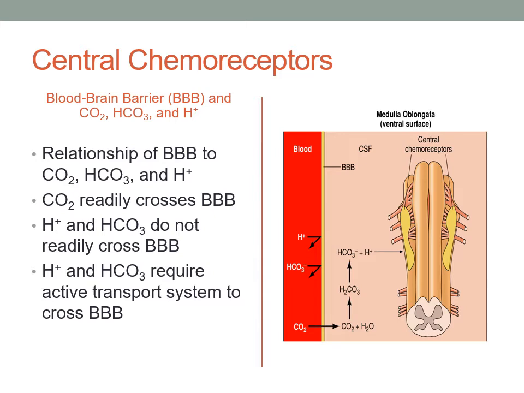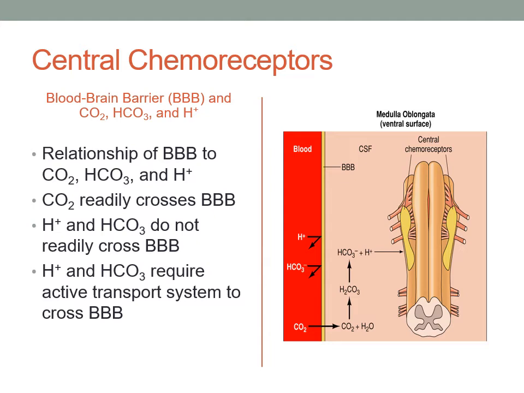It's believed that the central chemoreceptors transmit signals to the respiratory components of the medulla by the following mechanism. First, as the CO2 level increases in the arterial blood, like if you were hypoventilating, you didn't have a respiratory rate, the CO2 molecules diffuse across the semi-permeable membrane called the blood-brain barrier, or BBB, which separates the blood from the cerebral spinal fluid.